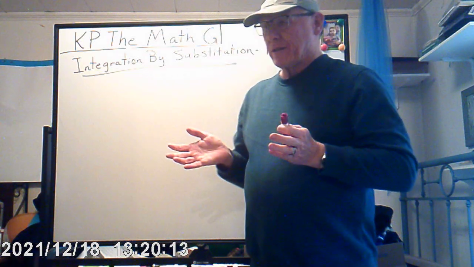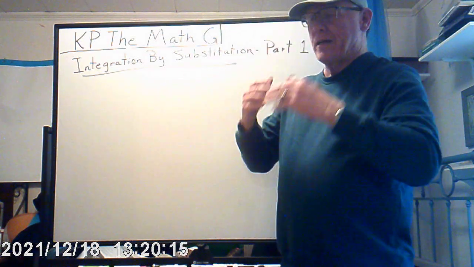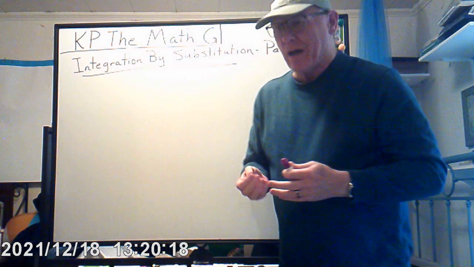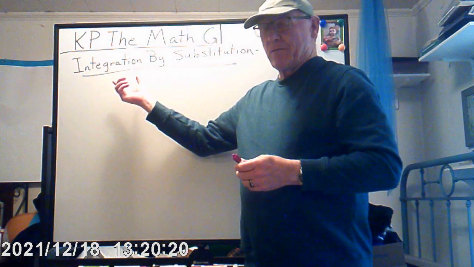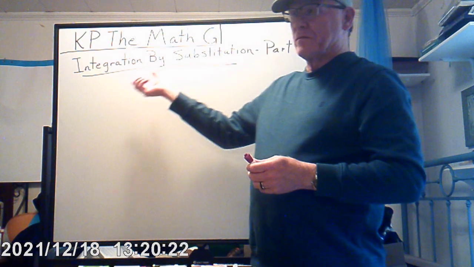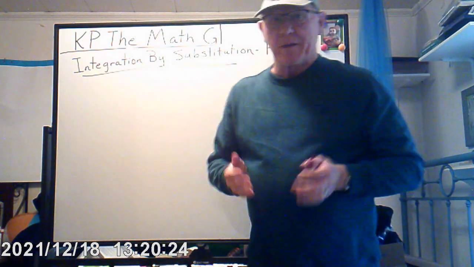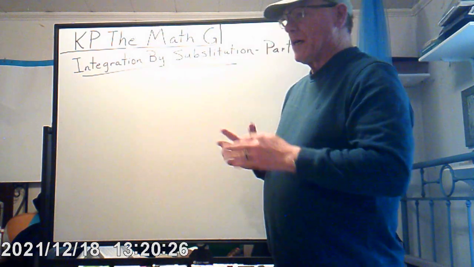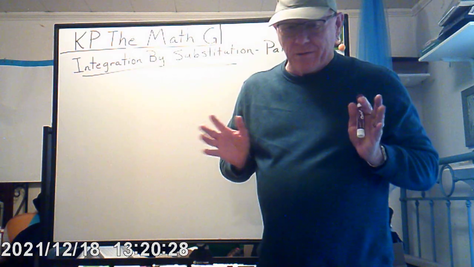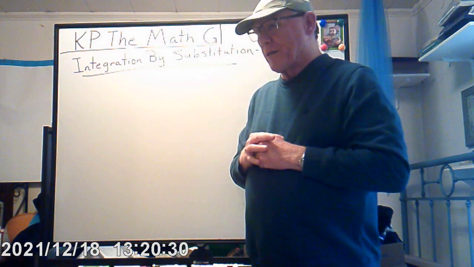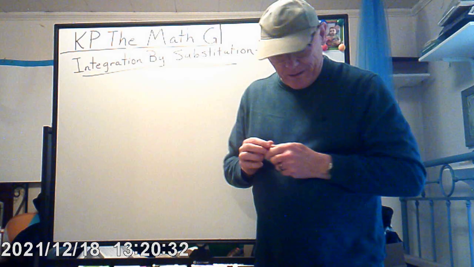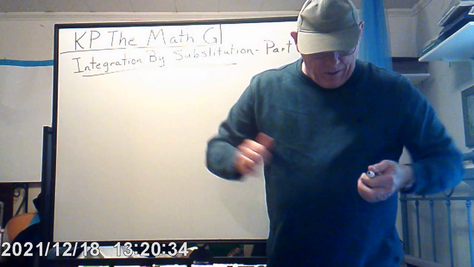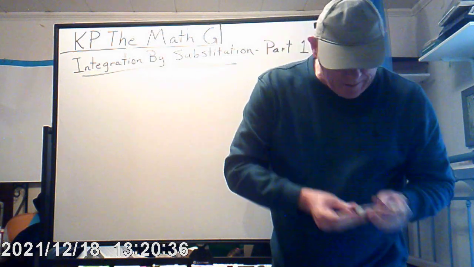We are actually integrating the indefinite integral for now. When we do the definite integral by substitution, it is going to be a different setup. I have a method that we can do it a little differently, and it will be easier for you. All right, let's dive in.